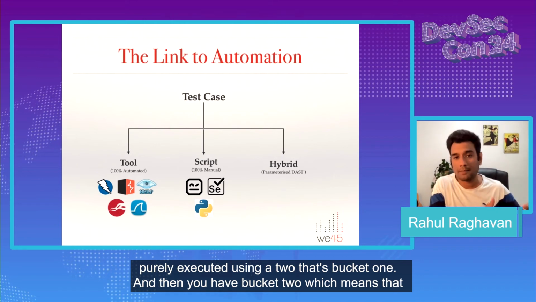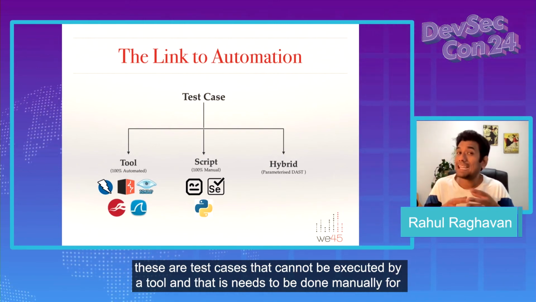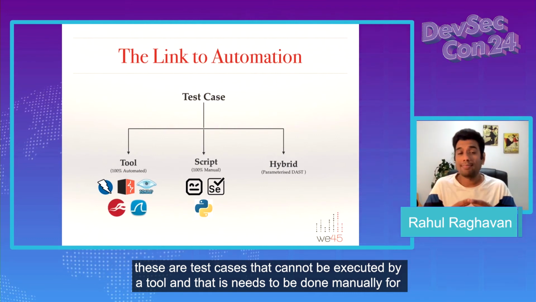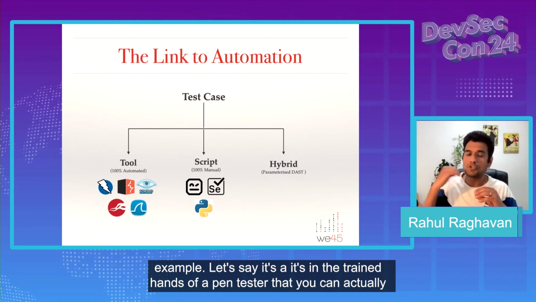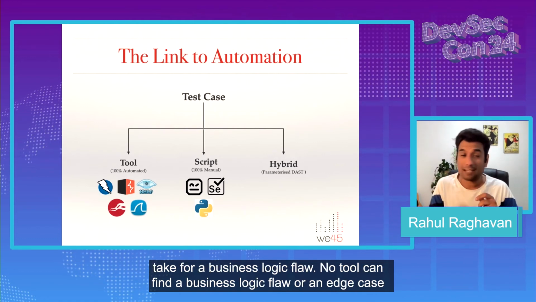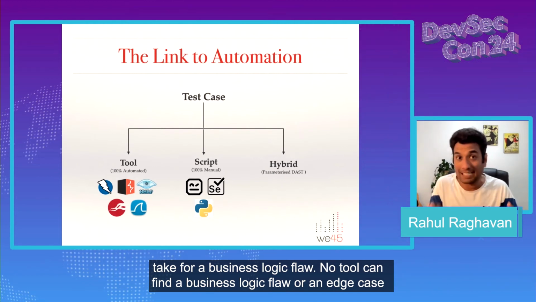That's bucket 1. And then you have bucket 2, which means that these are test cases that cannot be executed by a tool, and that needs to be done manually. For example, let's say it's in the trained hands of a pen tester that you can actually check for a business logic flaw. No tool can find a business logic flaw or an edge case scenario, right?